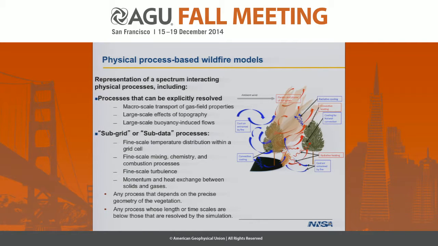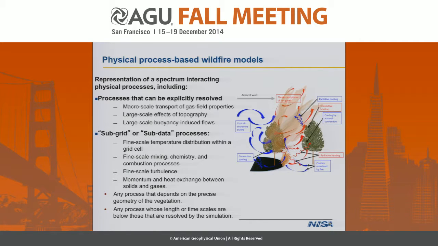So, the approach that we've taken and that some other teams have taken is basically to think about this as you're trying to capture a range or spectrum of phenomenology, some of which you can resolve explicitly using things like finite difference or finite volume methodologies in computational fluid dynamics, and some of which you can't.